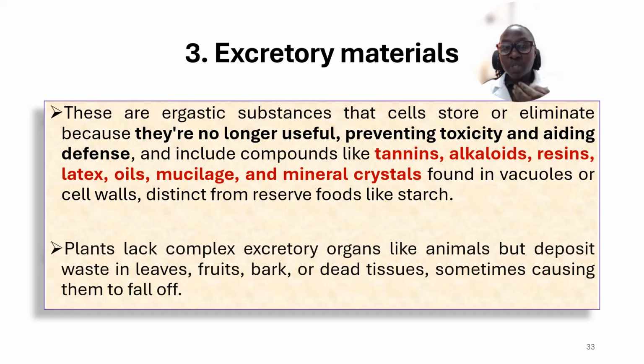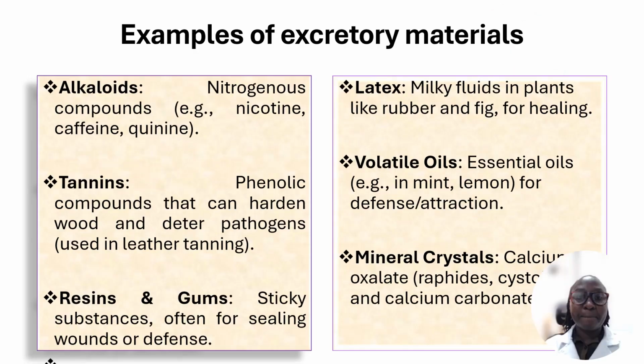We use skin maybe to remove things like sweat. We use our urinary tract to remove urine and the like, but plants deposit waste in leaves, in fruits and barks, all dead tissues, and sometimes they make them fall off as a means of defense.